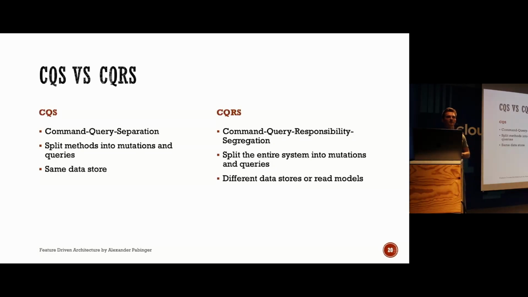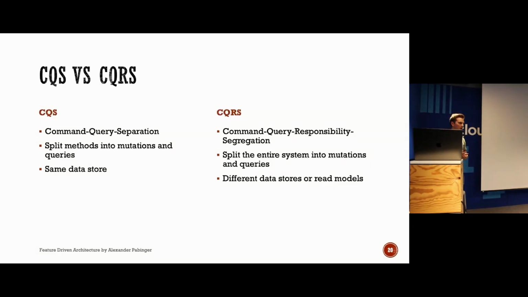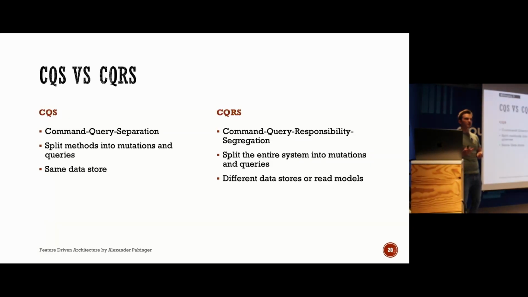And in CQRS, you split the whole system into a command and query side. So you may also use different data stores or read models. Let's assume you use a relational database like Postgres for your commands. You use Entity Framework for that, because the change tracker is really nice and the OR mapper does a good job.